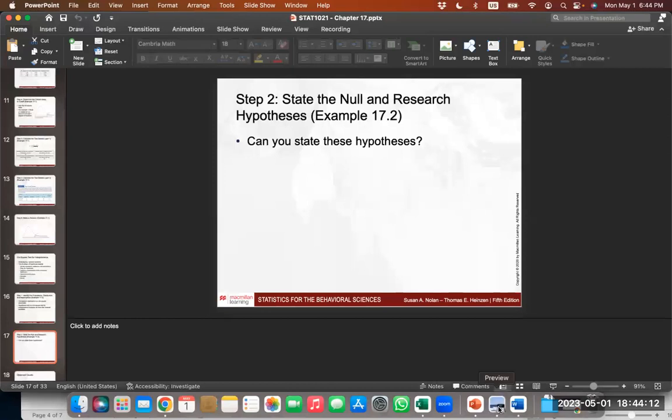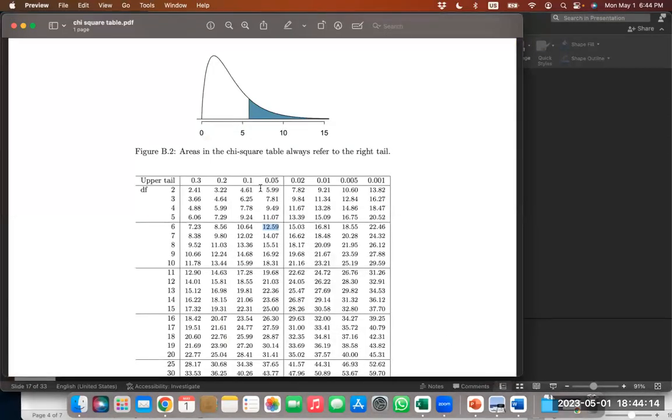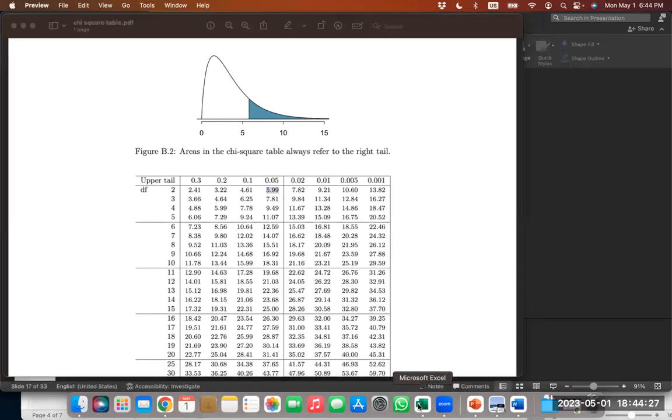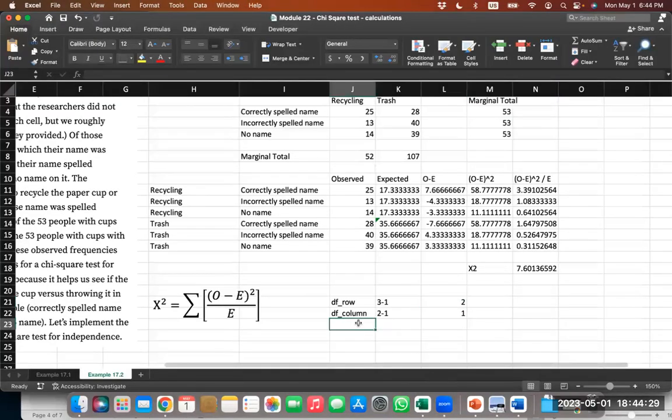If we look this up on our chi-square table, with degrees of freedom of 2 and an alpha level of 5%, our critical value is 5.99. So we see that the chi-squared is exceeding our critical value, therefore we reject the null.